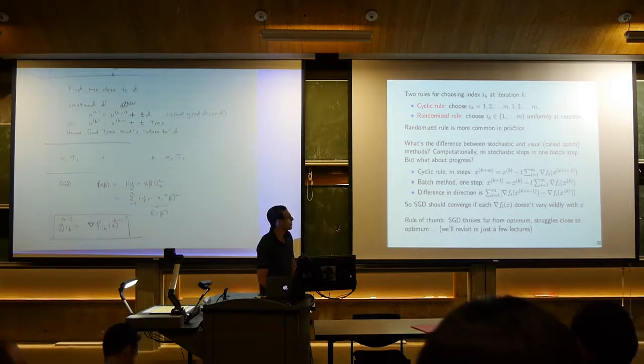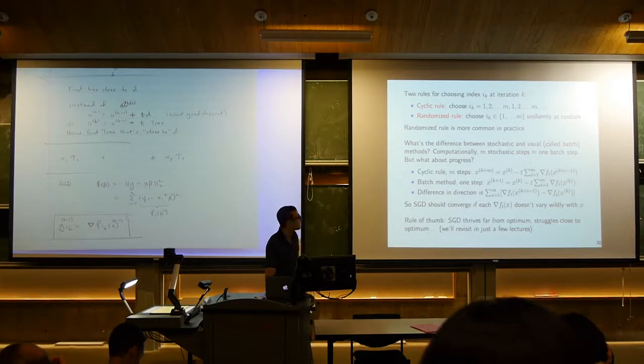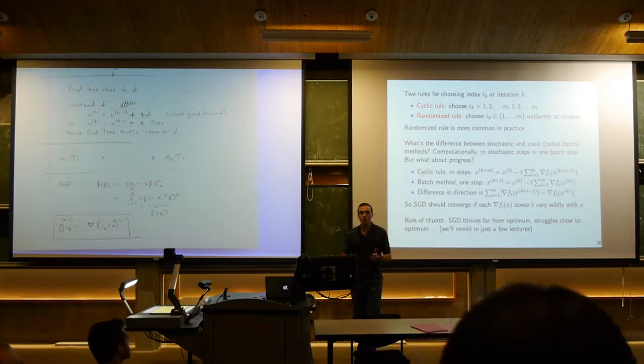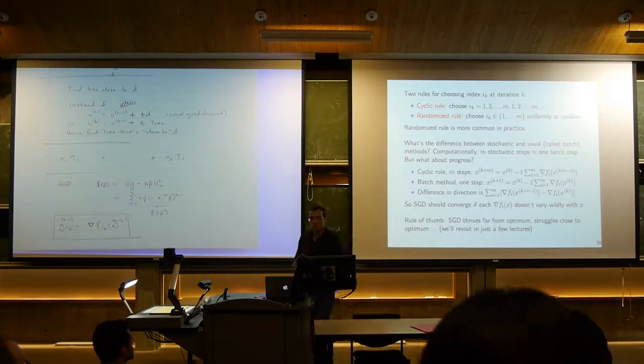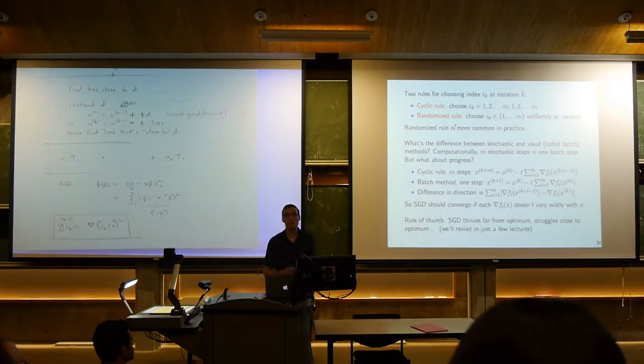The randomized rule is I just choose one of these uniformly at random. This is much more common in practice, the randomized rule. It's more common in practice because I think it has theory that we can prove about it that's stronger, because the theory is kind of averaged over this rule. So it's not really a worst case analysis, it's more like an average case analysis in some sense.